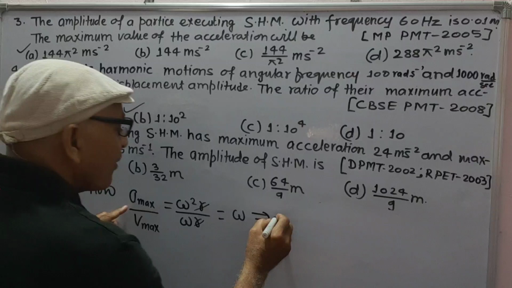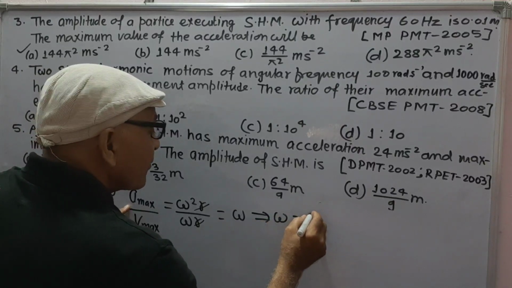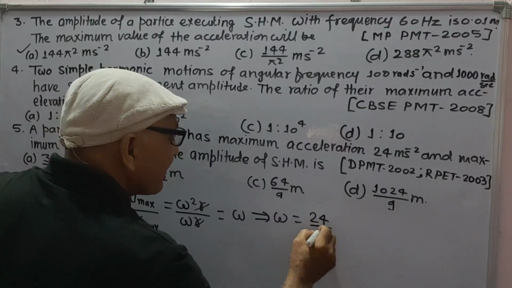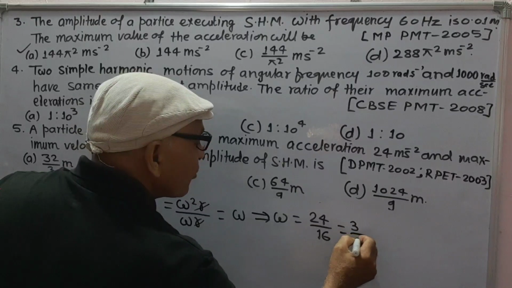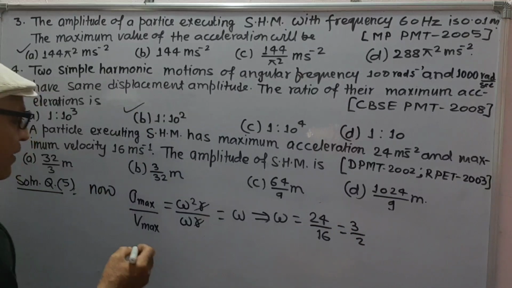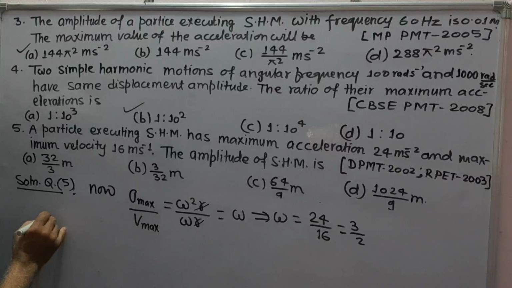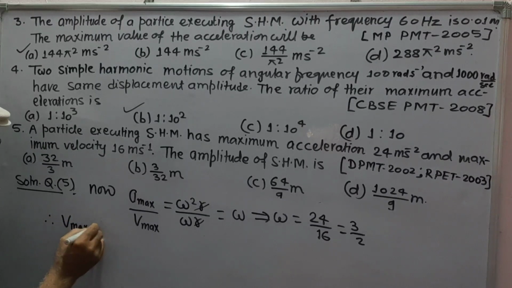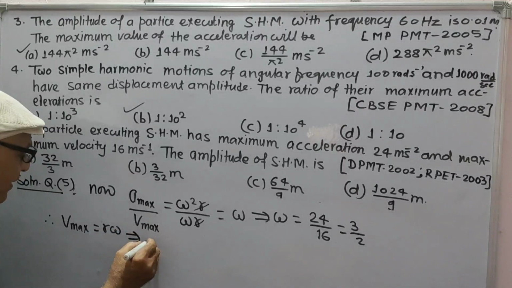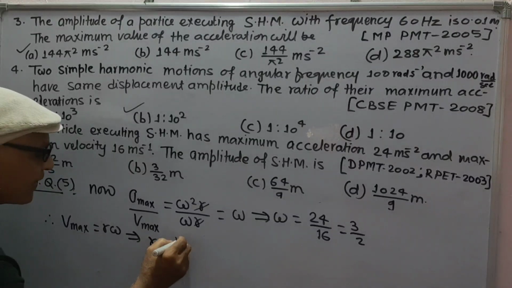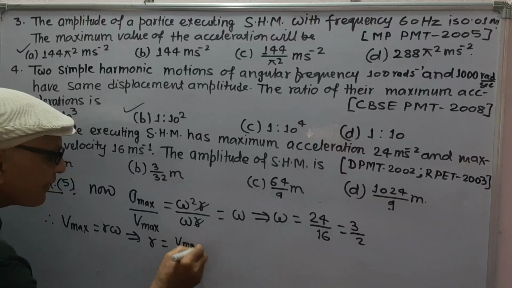So omega will be equal to 24 upon 16, which is 3 upon 2. Therefore V max is equal to R omega, which gives R as V max divided by omega.